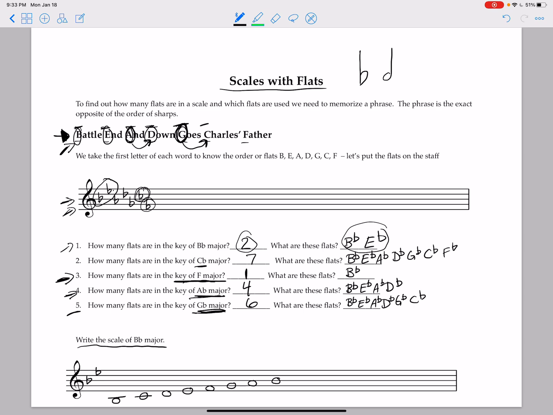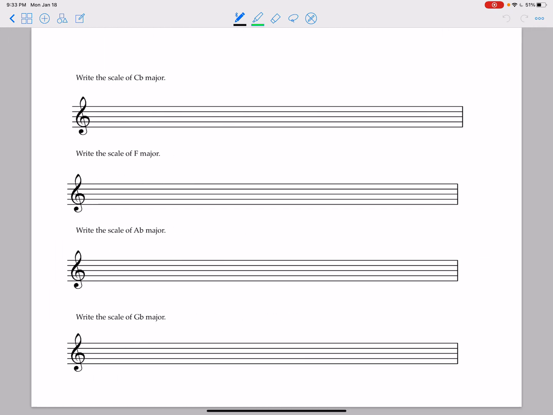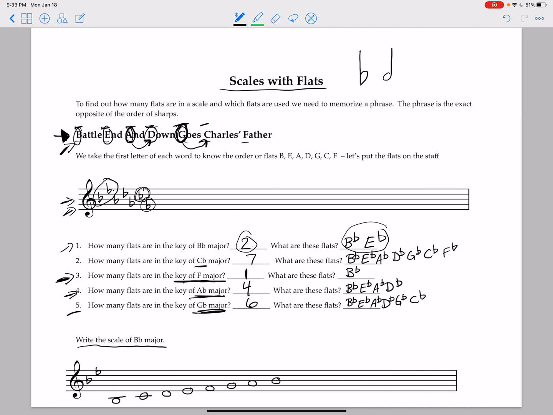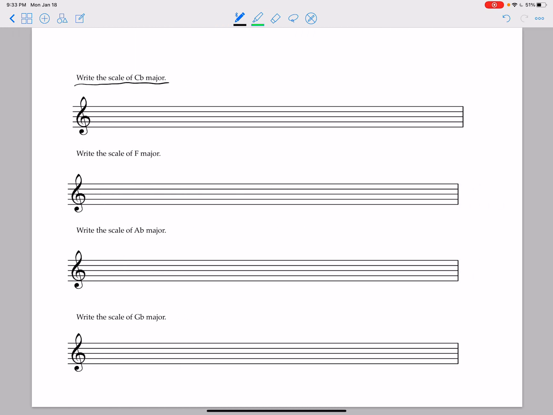All right, let's go on to our next one. So our next question is to write the scale of C flat major. So let's go back here. It's question 2. There's 7 flats. And here is what they are: B, E, A, D, G, C, and F flat. All right, so let's write this.